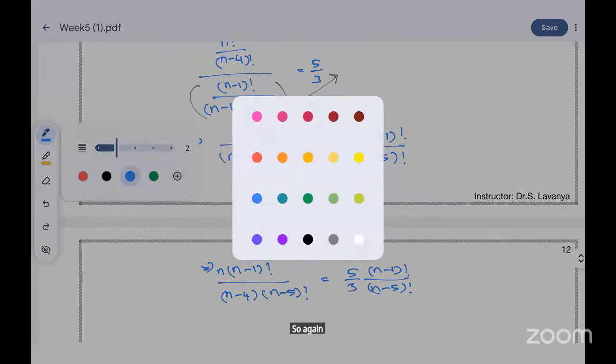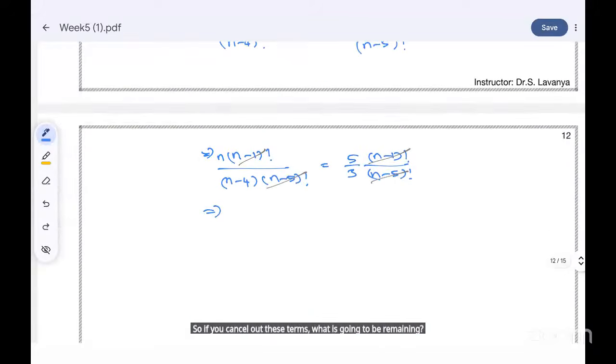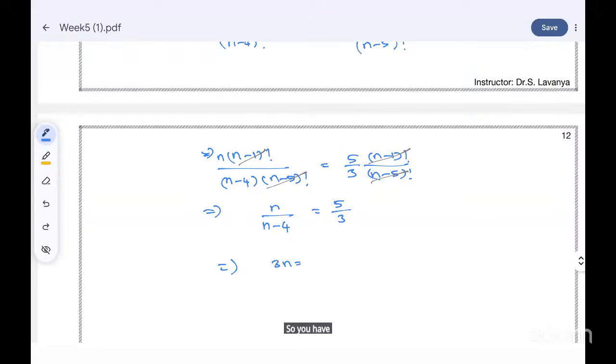So again, you can cancel out these terms. If you cancel out these terms, what is going to be remaining? n by n minus 4, which is 5 by 3. So you have 3n equal to 5n minus 20. So 2n equal to 20, which means n equal to 10.